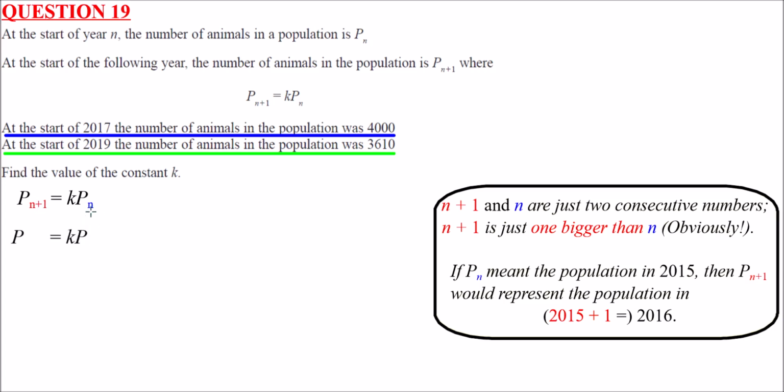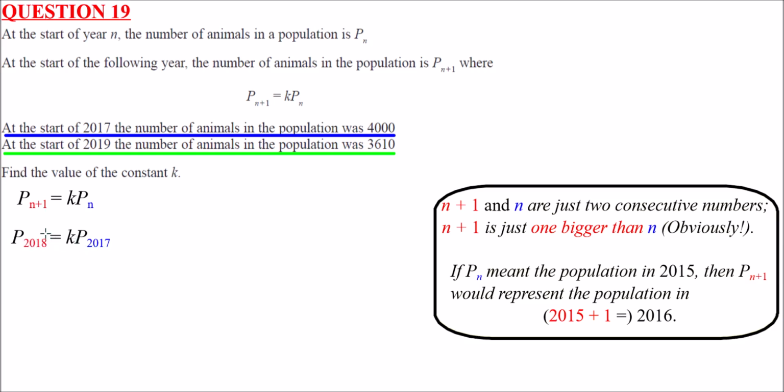Well, what's the earliest date back we can go, the earliest year? Well, nothing's mentioned before 2017, so let's pick our n as being 2017. If our n is 2017, then n plus 1 will be 2017 plus 1, which will be 2018.